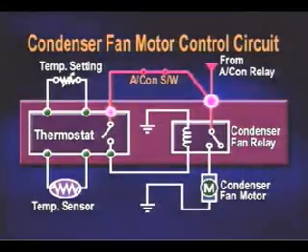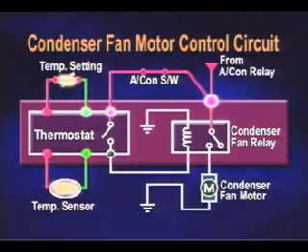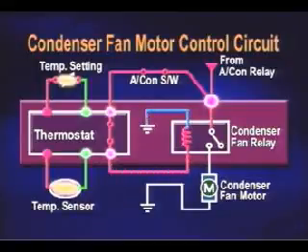When the air conditioner switch is turned on, standby power is inputted to the thermostat. The thermostat compares the temperature sensor value with the temperature setting value, and supplies positive current to the condenser fan relay when the required temperature is lower than the inside temperature.